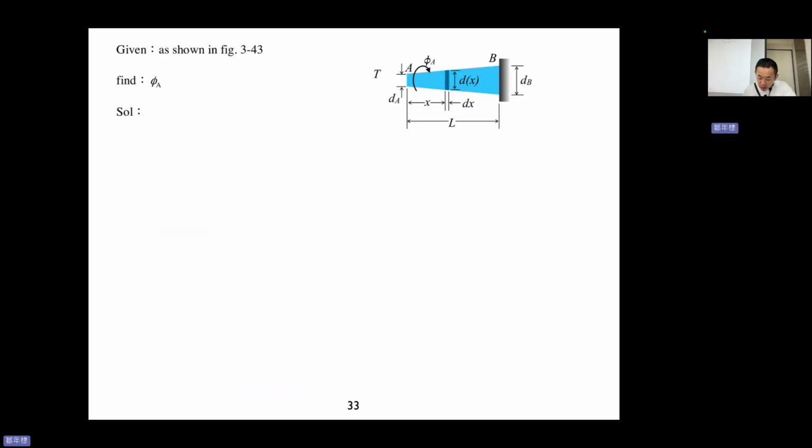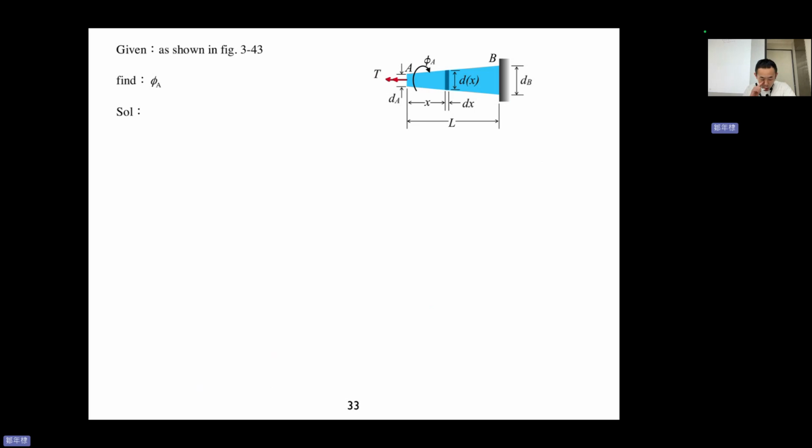All right, next, the final example in chapter 3, very similar to what we learned before, right? But this time it becomes a torsion problem. T here, and again, you know that this is dA, this is dB, and phi A. This is some sort of cone, but without the tip.